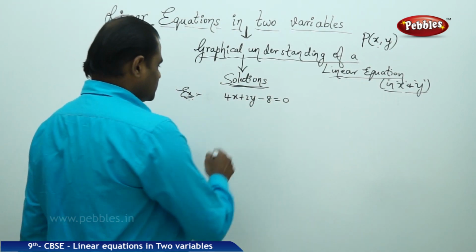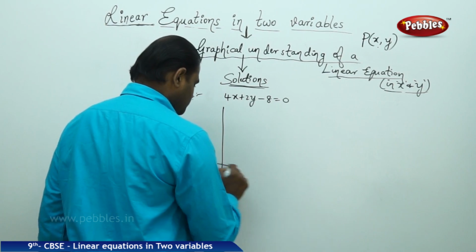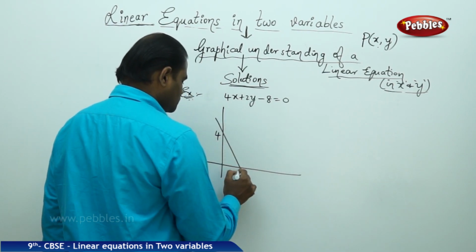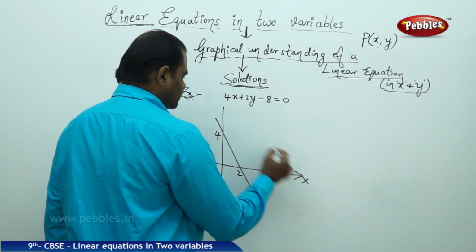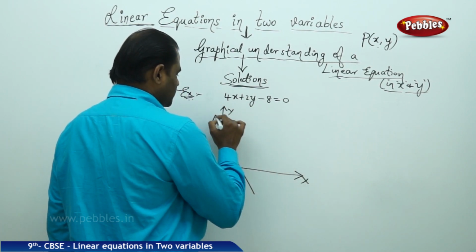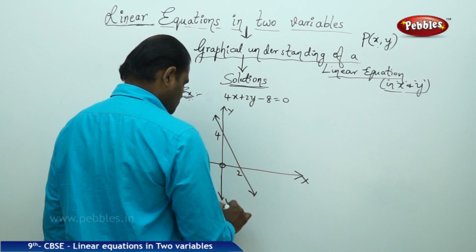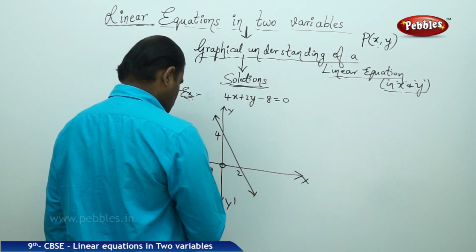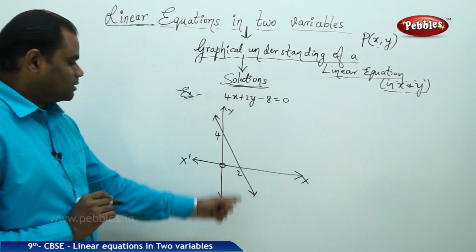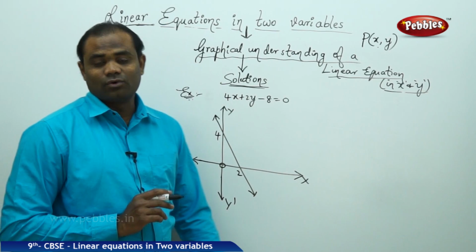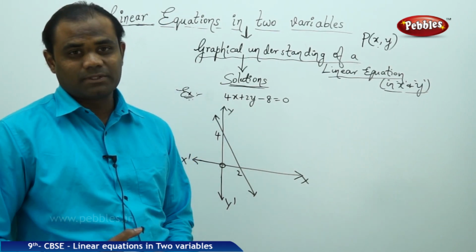And equally, this equation was identified with the linear equation to be this, cutting the x-axis at 2 and cutting the y-axis at 4, as discussed in the previous session.